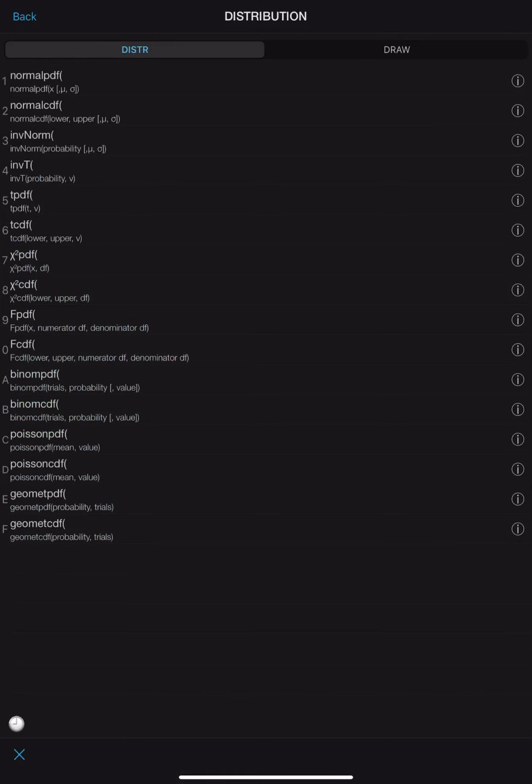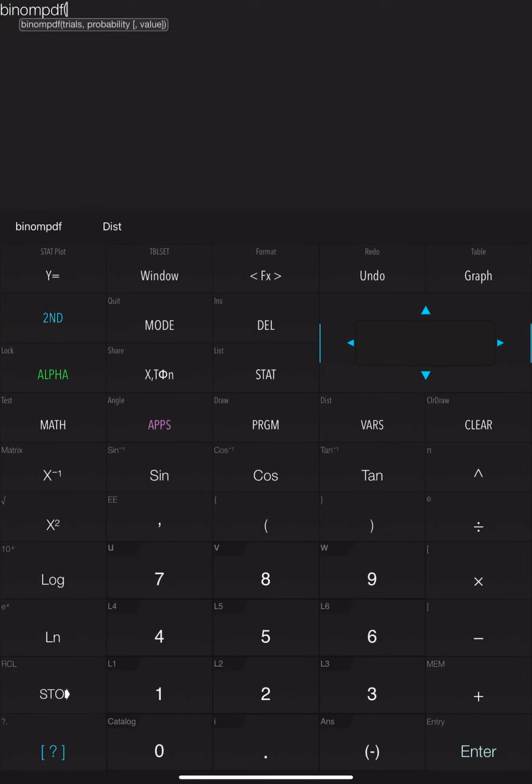Now over here it lists all the distributions. For my particular calculator, it is actually letter A. You see 1, 2, 3, 4, 5, 6, 7, 8, 9, 0, and then you have binom PDF as A. Some calculators have it under 0, so it depends on what type of calculator, so you can check, but you press that A, binom PDF.